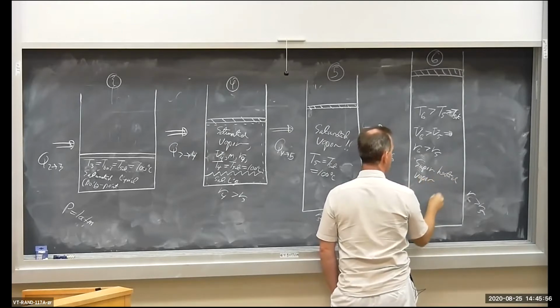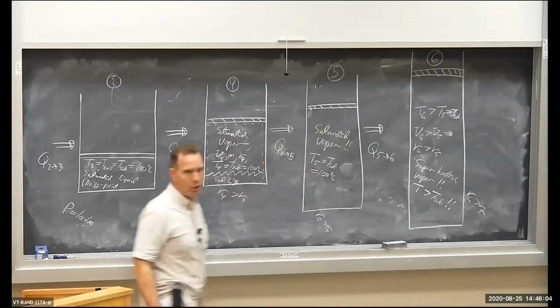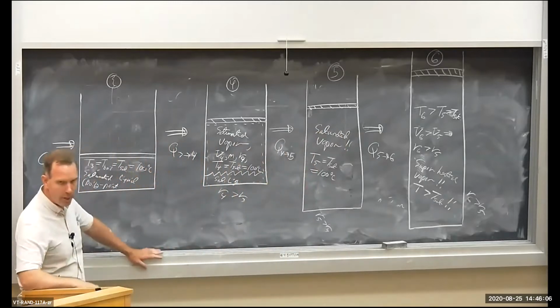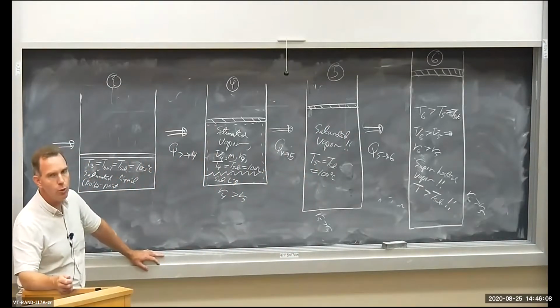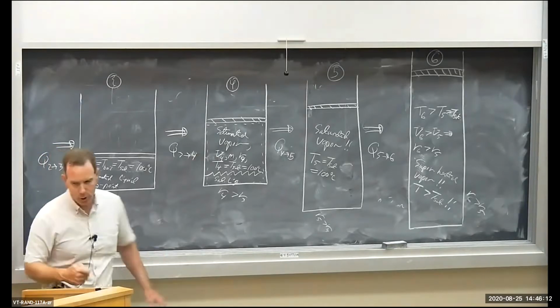Why? Because temperature is greater than Tsat. Temperature is greater than Tsat, or the boiling temperature, so it is superheated. Specific volume's gone up, temperature's gone up.